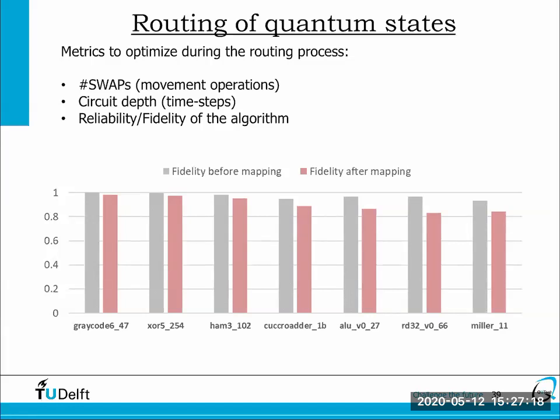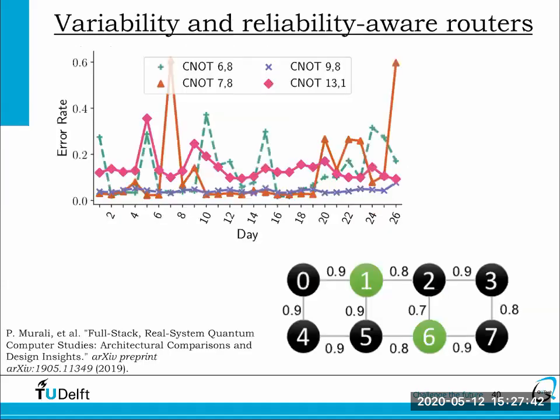But at the end, what you care about, the number of swaps and circuit depth, they are correlated with the reliability or the fidelity of your algorithm, and that's what you care about at the end, right? Here in this graph, you can see the fidelity of an algorithm before mapping and how that fidelity is decreased after mapping into a specific chip. That's why there are some people that are starting to do the mapping based on the fidelity of the links between the qubits in the chip.